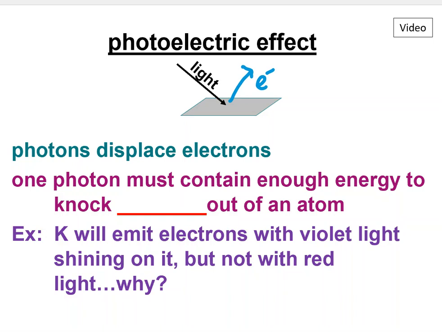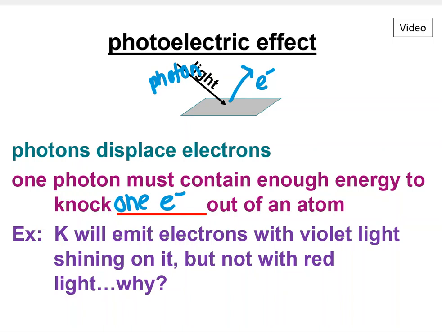The light that is shown, when we say light, we mean photons. So the idea is that one photon must contain enough energy to knock one electron out of its atom. And so if one packet of energy doesn't have enough, the photoelectric effect won't occur.